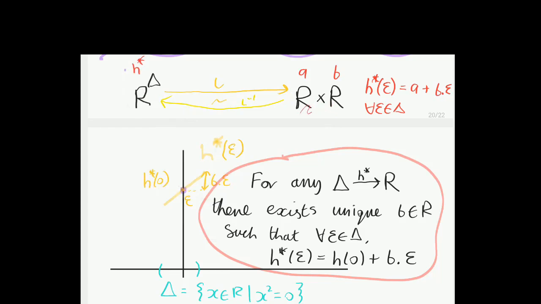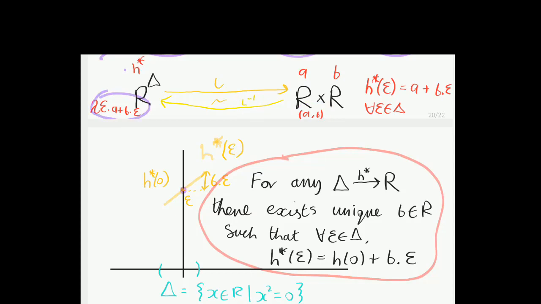It's going to take in an input, which is a pair of real numbers, say a and b, and then it just forms this kind of function here, which we could write as lambda epsilon dot a plus b times epsilon. So basically this inverse just uses our two numbers to build this kind of linear function from nil square infinitesimals to the line.